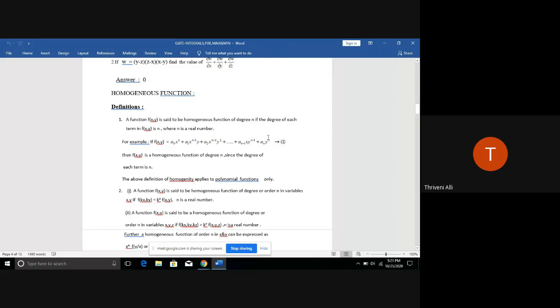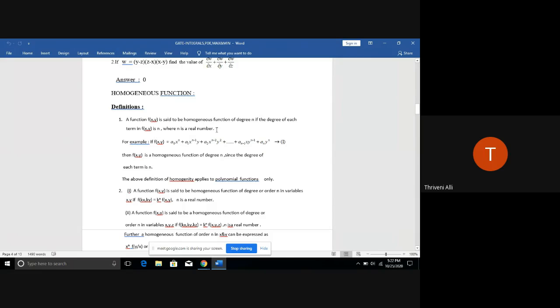So here we say that f of x comma y is a homogeneous function of degree n, since the degree of each term is n. Okay. So coming to our definition, a function is said to be a homogeneous function of degree n if the degree of each term in f of x comma y is n, and n is a real number.